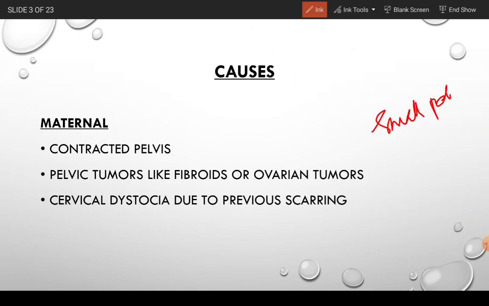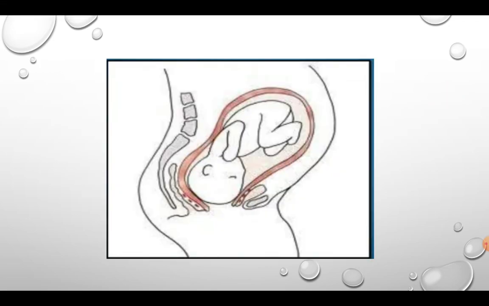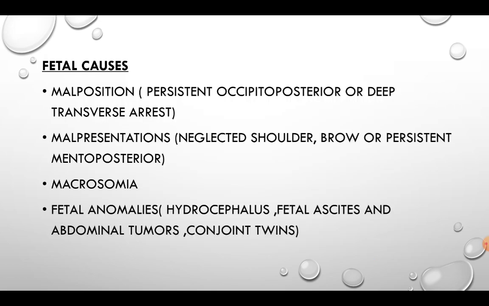So it can be because of some contracted pelvis, or there may be some kind of a tumor like fibroid. Now here you can see the tumor that is obstructing the passage of baby.